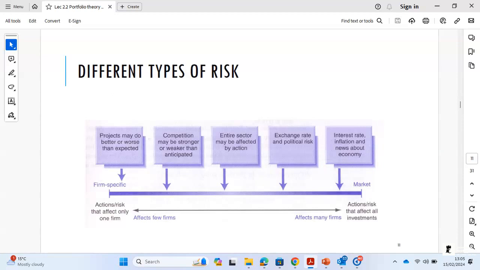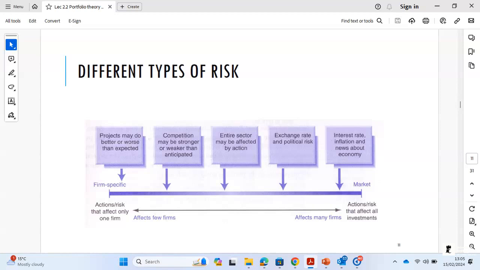Good. Okay, so there are different types of risks. What is unique risk? It is specific to that particular security or that particular firm. On the other hand, we have the market risk, which affects all the securities in that market, all the firms.